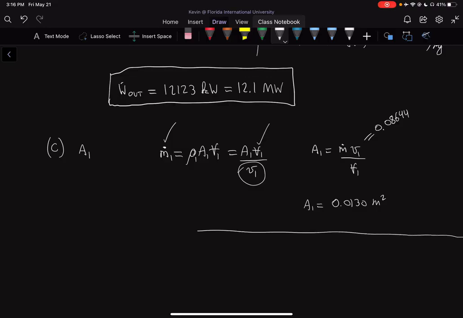So now we're going to move on to another type of system that we can analyze using our analysis for open systems, and that is looking at a system called a heat exchanger.